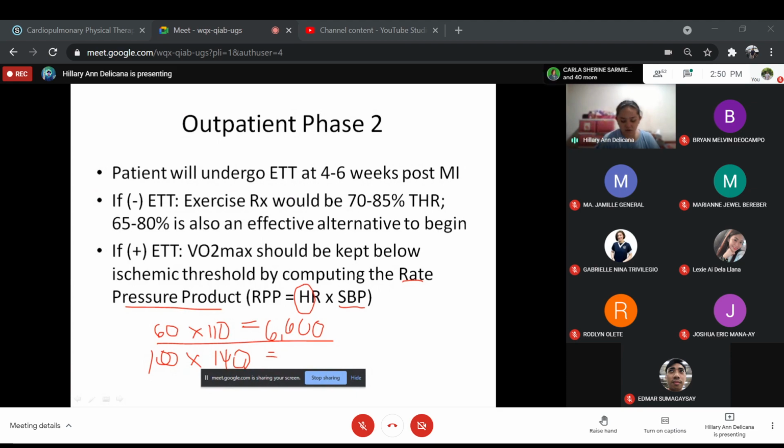So that's 100 times 140, that's 14,000. Okay, so as much as possible, the rate pressure product of the patient should be lower than 14,000 if you exercise the patient with ETT. Okay.